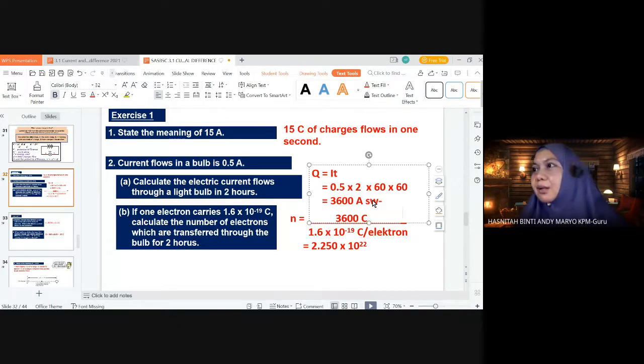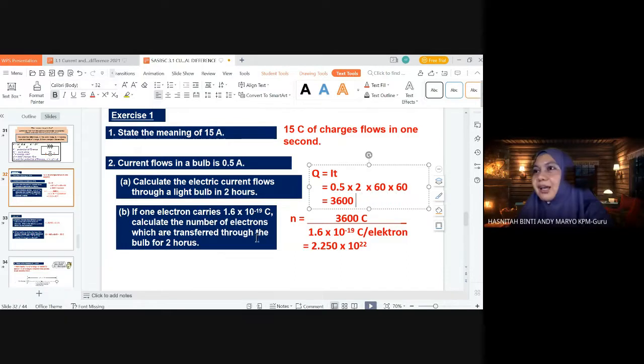So now what is the unit for Q here? You can write ampere per second or just simply write it as coulomb. Okay, 3,600 coulomb. So you are clear with 2A?